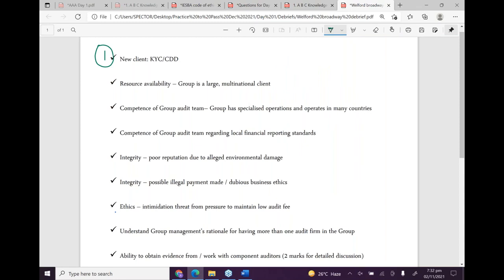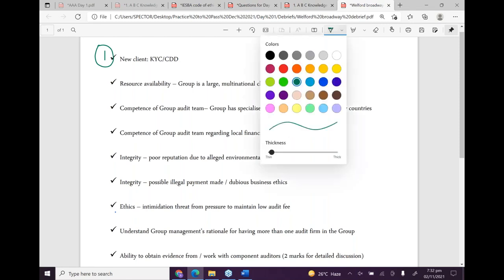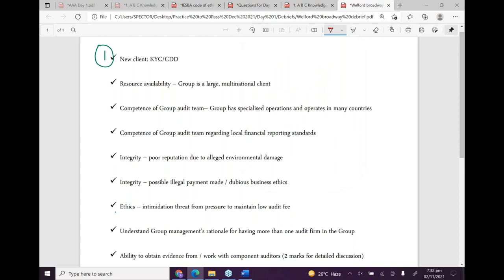Before accepting any new audit client, remember, you have to conduct customer due diligence procedures. In terms of scenario linkage, the group is a large multinational client and therefore resource availability needs to be considered. She gave 2 separate marks for competence.